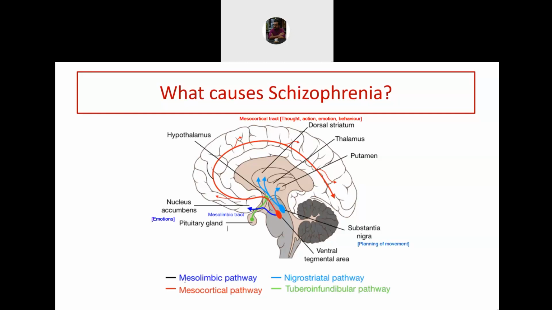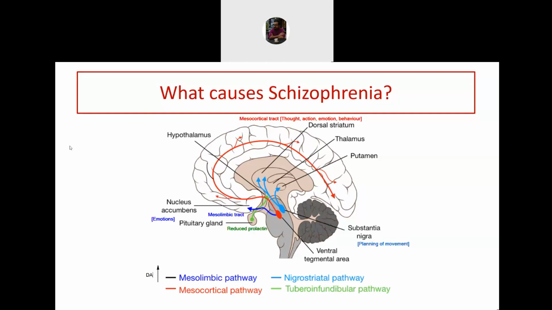In this tract, increased dopamine causes reduced prolactin. Now, according to the dopamine hypothesis, schizophrenia is caused when there is dopamine disorder in the mesolimbic and mesocortical pathway. The most common disorder that we see is that the dopamine concentration significantly rises in the mesolimbic pathway, and that usually causes the features of schizophrenia.